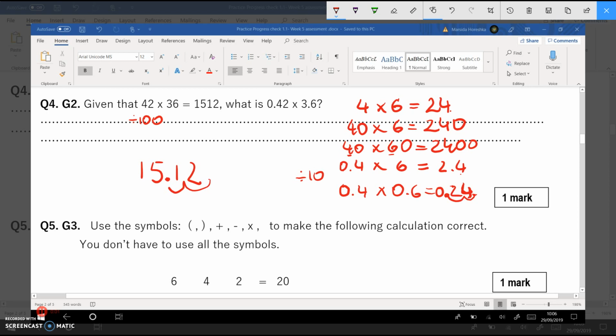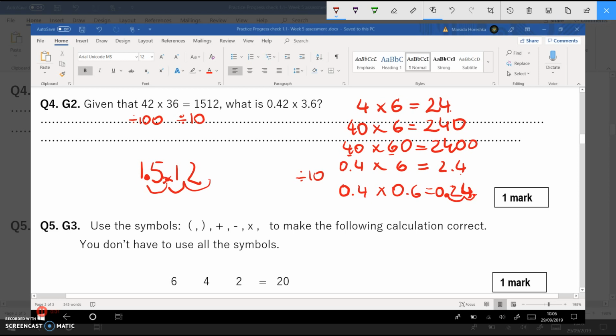Now what's happened to the 36? It has been divided by 10 because the decimal point moved just 1 place. So I will now go to the answer and divide it by 10. So 15.12 divided by 10 gives us 1.512.